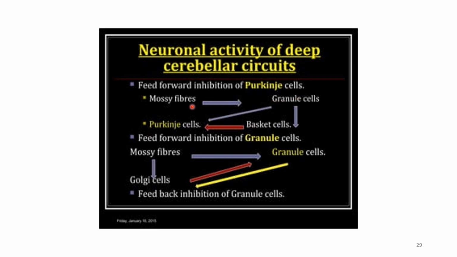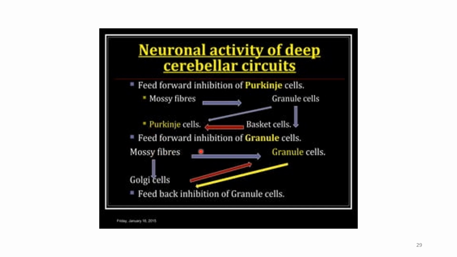Mossy fibers will excite the granule cell. Then this will excite the Purkinje cells, but this will also excite the basket cells. In turn, these basket cells will inhibit the Purkinje cells. This is the feed forward inhibition of the Purkinje cell.